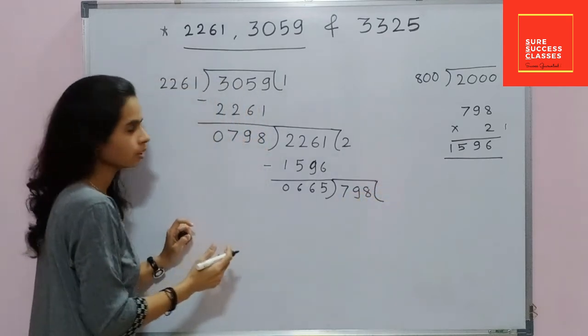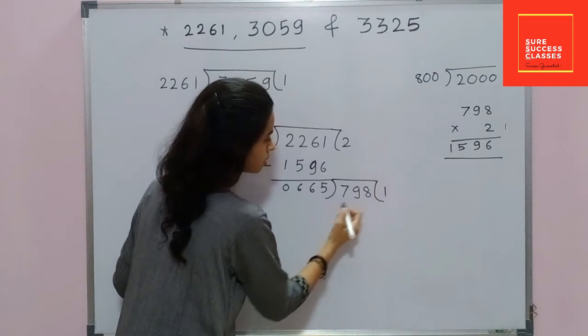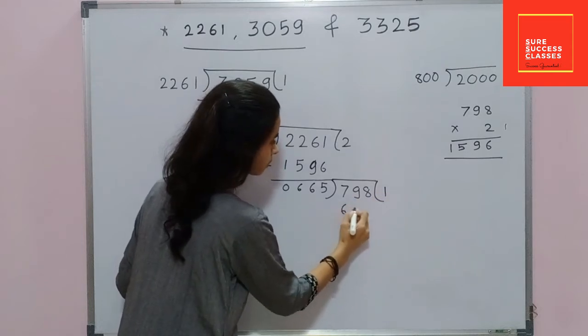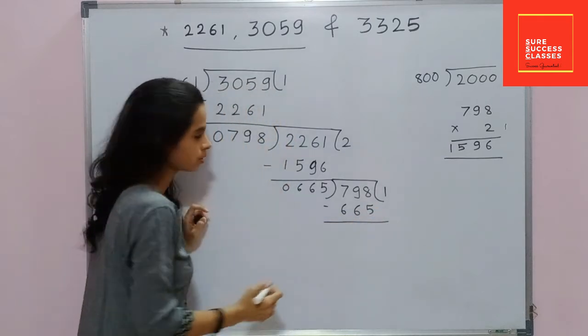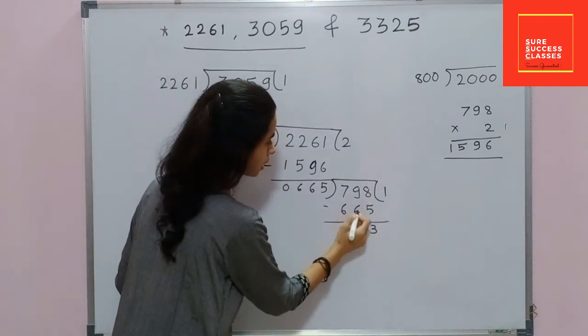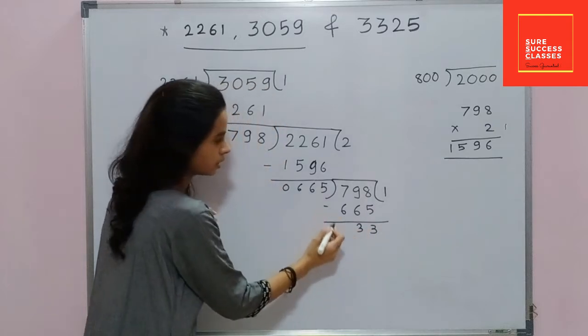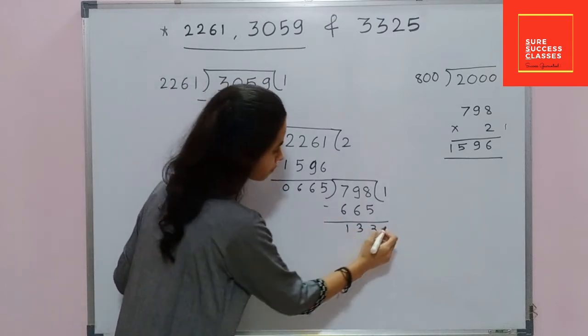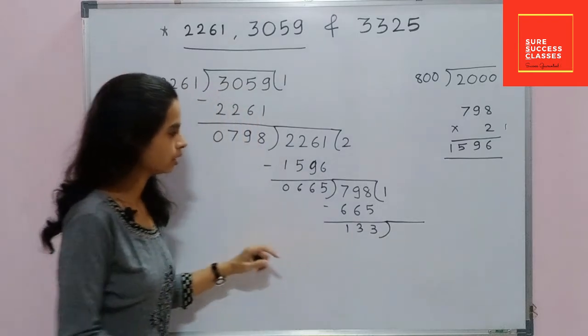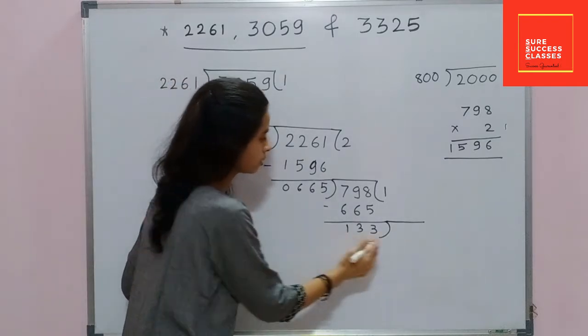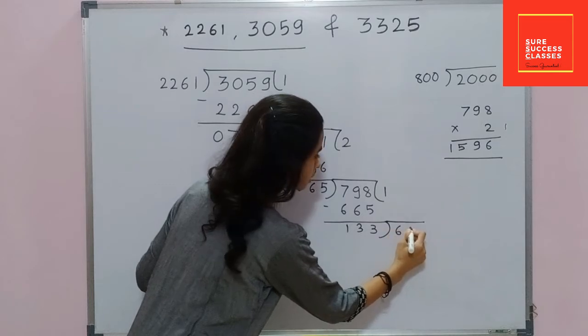Here clearly one time it goes in 798, 665. 8 minus 5, 3. 9 minus 6, 3. And 7 minus 6, 1. So here we have got the remainder. Again it is smaller than this number. We will divide this 665 by 133.